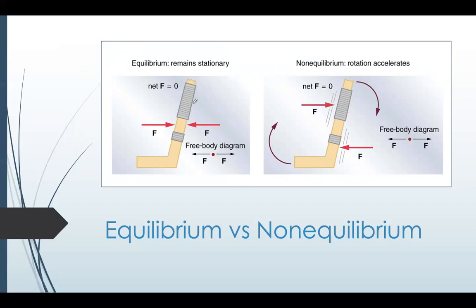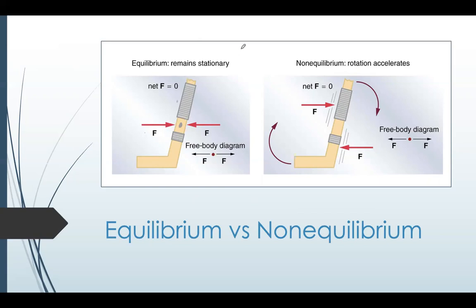Here we have a hockey stick, and two forces are being applied to the hockey stick at the same point, basically along this axis, in opposite directions. And so our net force is zero here.